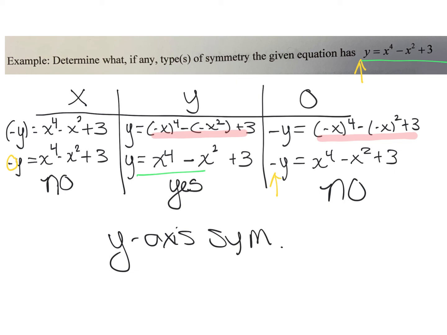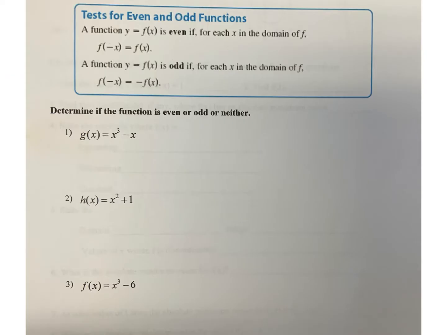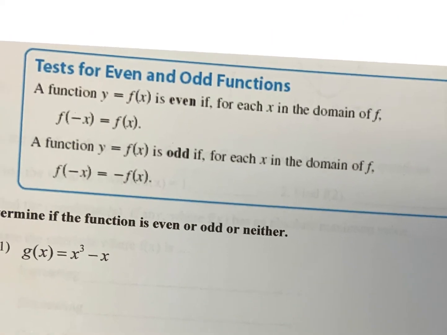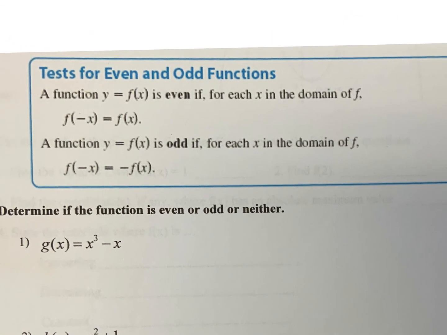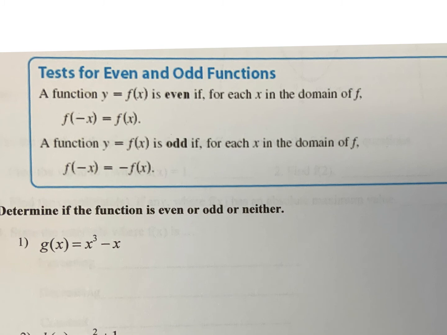So let's talk about this y-axis symmetry because it is this y-axis symmetry that does something very important and specific. If we talk about even and odd functions, what we do is we change just the x value. If I get the exact same thing out, nothing changed, it stayed the same.